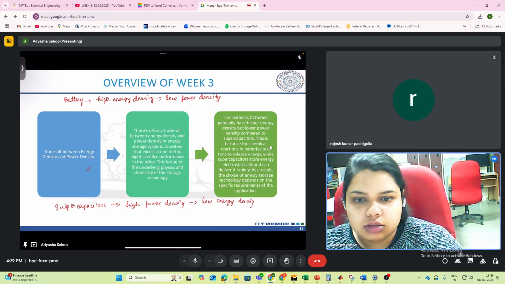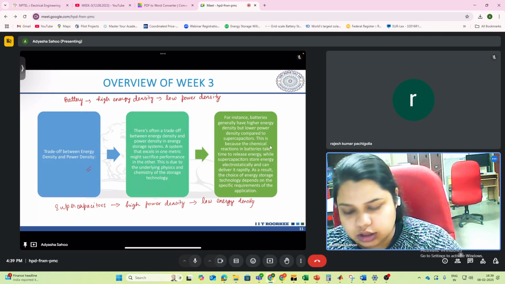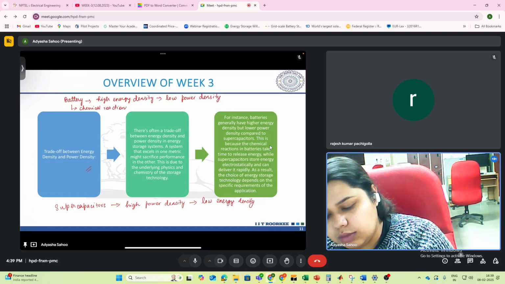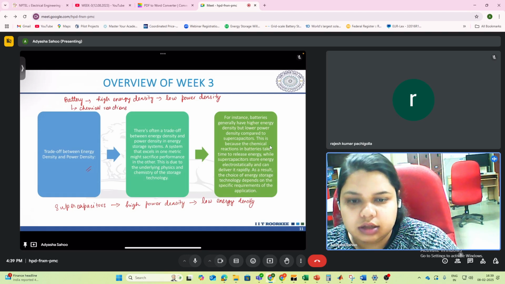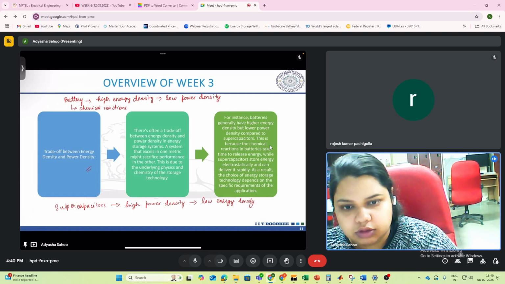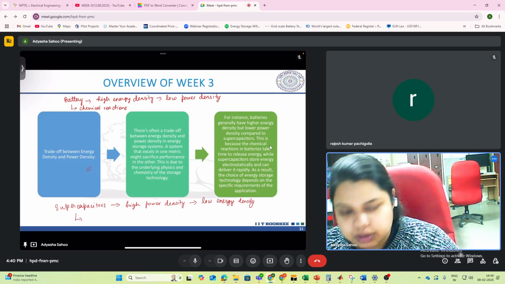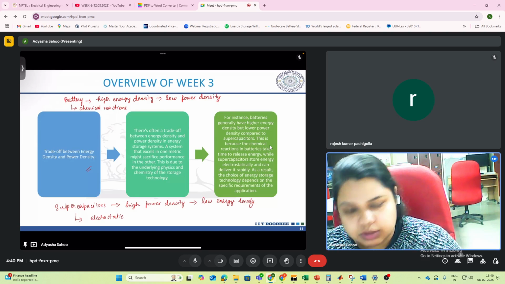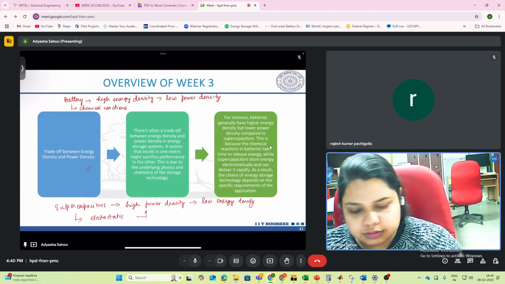That is inherently because of the technology they use. In a battery, we have chemical reactions going on inside, and these chemical reactions cannot take place instantly in a matter of minutes, and hence they have low power density. But supercapacitors work on the principle of electrostatics, and hence they can charge or discharge quickly, giving you high power density.